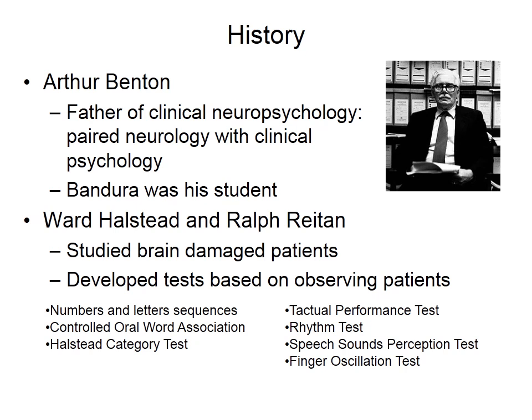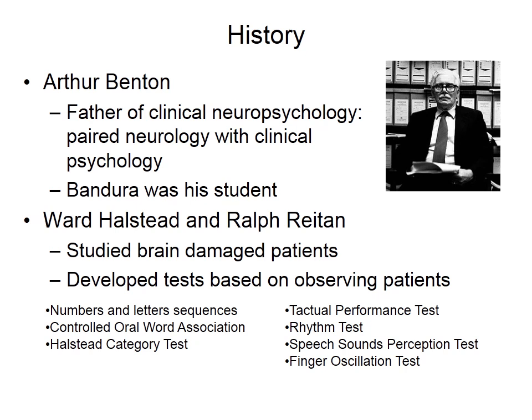So the tests that they developed included number and letter sequencing, the ability to use both short-term and long-term memory. Controlled oral word association, examining the ability to understand speech and reproduce speech. Halstead categories tests, the ability to make associations.